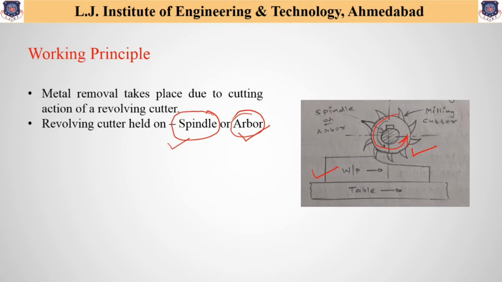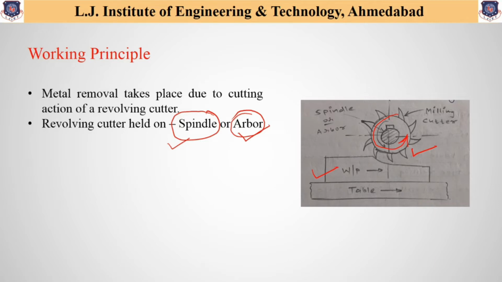So to summarize these two words, simply keep in mind that whenever the cutter is fixed on the vertical shaft, at that time that shaft is called as the spindle. And similarly, when the cutter is fixed on horizontal shaft, at that time that shaft is called as the arbor. So this is the basic difference between the word spindle and arbor.